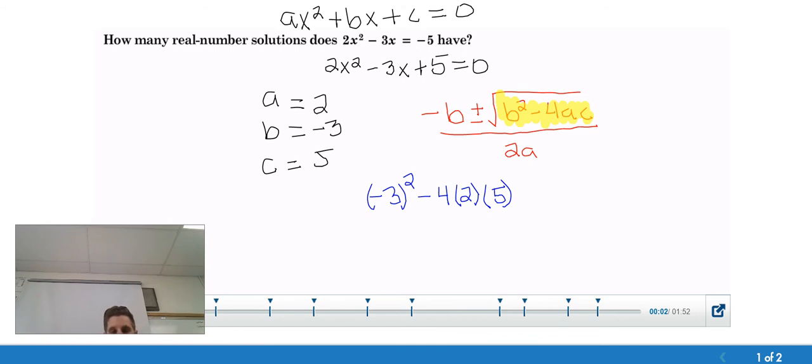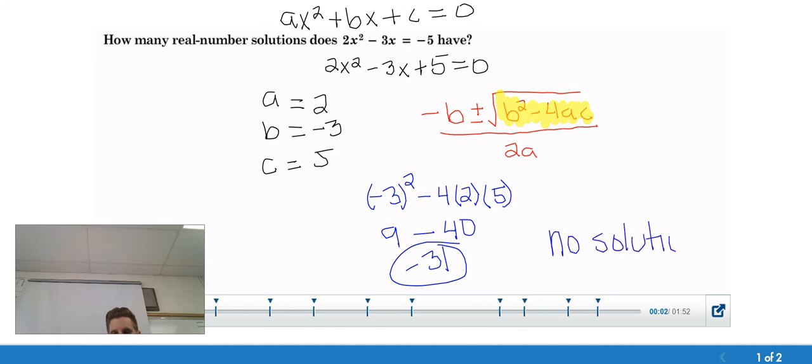Okay, so negative 3 squared becomes 9, minus 4 times 2 times 5, which is 40. And we're going to end up with 9 minus 40, which is negative 31. Because the discriminant is negative, we're going to have no real number solutions.